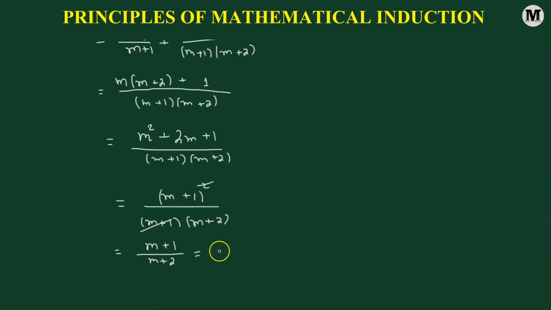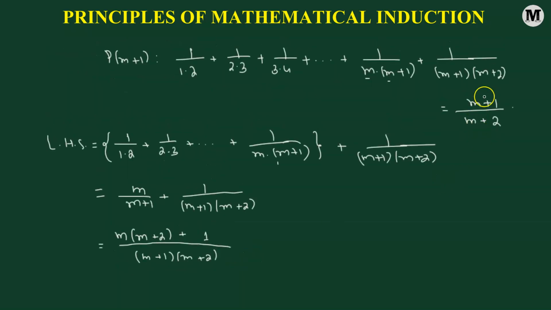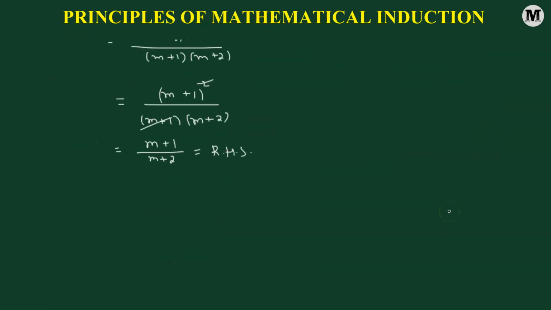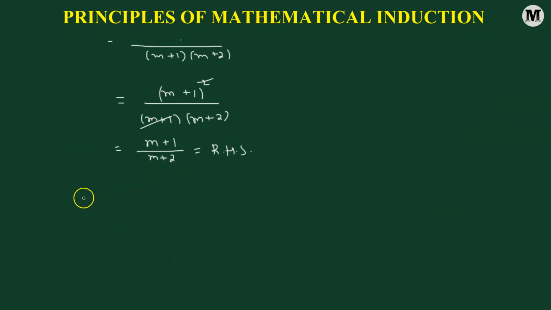And this is exactly the expression on the right hand side. We can compare: we had to show the right hand side, which was m plus 1 over m plus 2. Since the left hand side equals the right hand side, we have successfully shown that the statement P(m plus 1) is true.